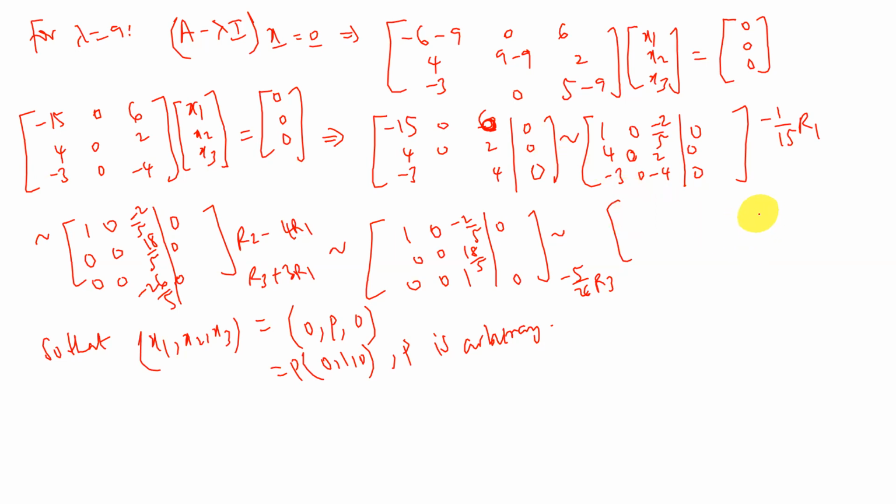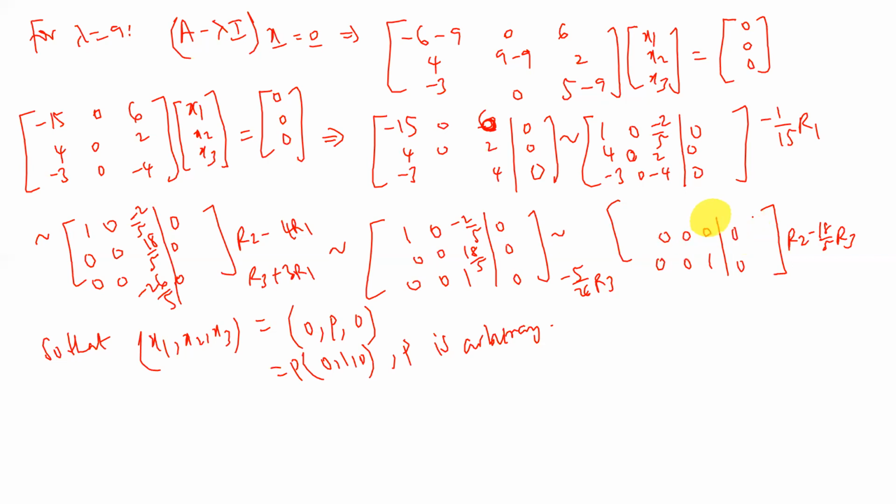So what do we get here? Okay, so it's row 2 minus 18 out of 5, row 3, 0, 0, 0. Okay, there's a 0 here.